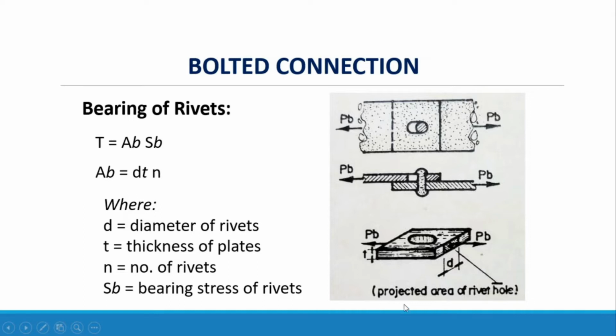So in this case, we have the projected area of the rivet hole, and that's for bearing of rivets.